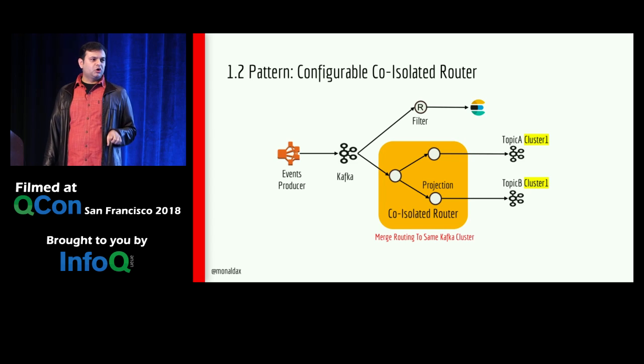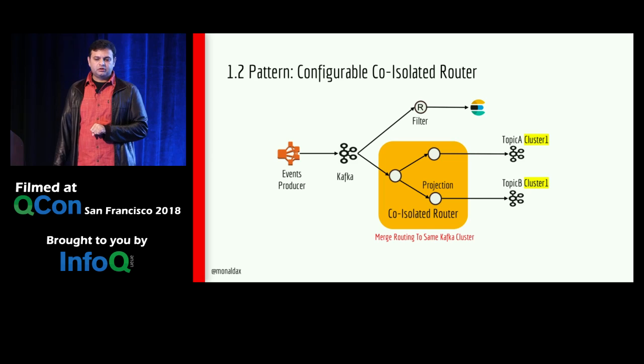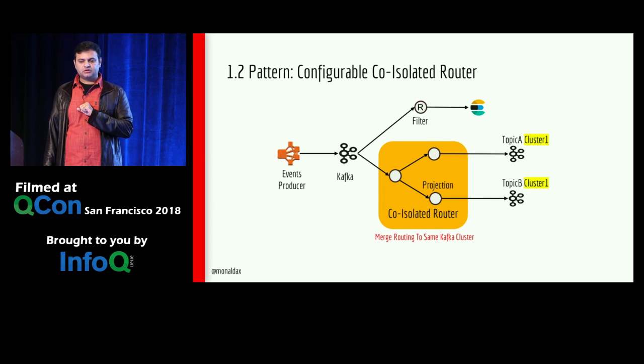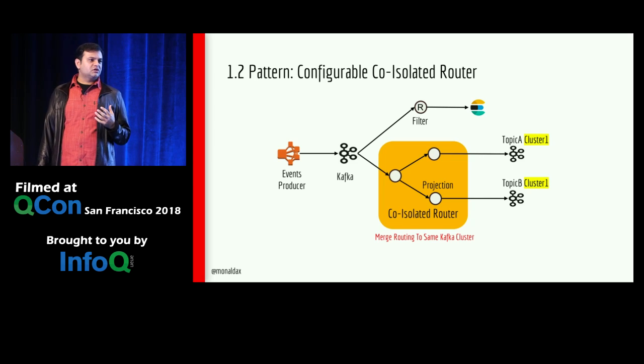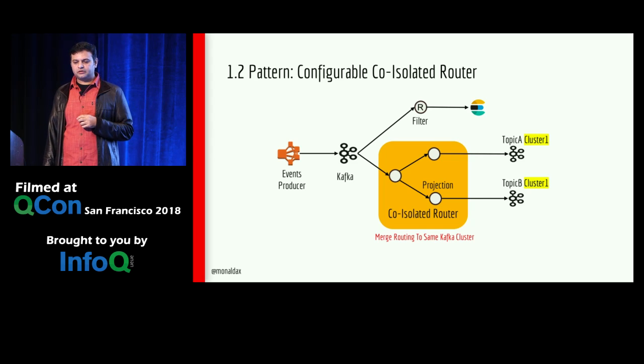So what we do is we merge the processing that was happening across 2 routers into one, right? And it's still configurable. You can still specify what filters and projection it needs to do. But now the same job has reduced the fan-out factor from 3 to 2, right? So it's an efficiency optimization pattern that leverages what the router pattern starts off with.